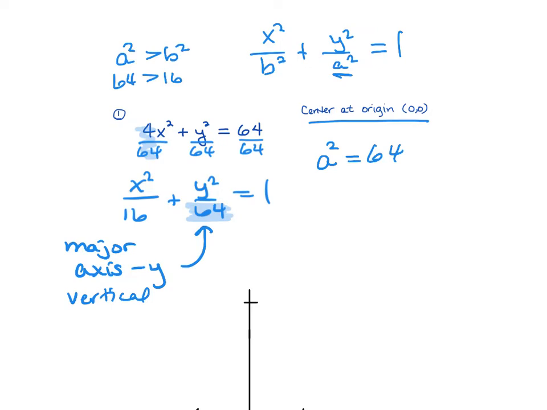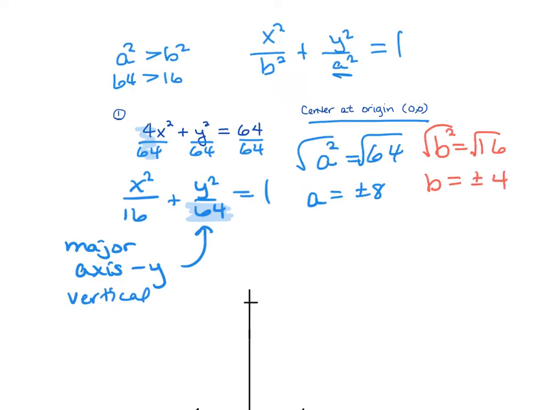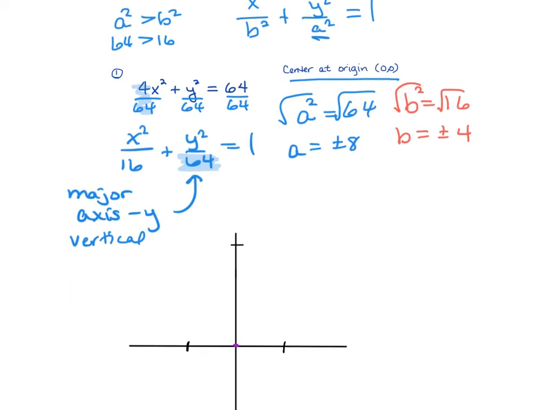I'm going to solve for a by square rooting both sides, and a is equal to plus and minus 8. I'm also going to solve for b. So b squared is equal to 16, square root it, and b is equal to plus and minus 4. Now, our origin is the center of our ellipse. I need to calculate my vertices and my co-vertices.